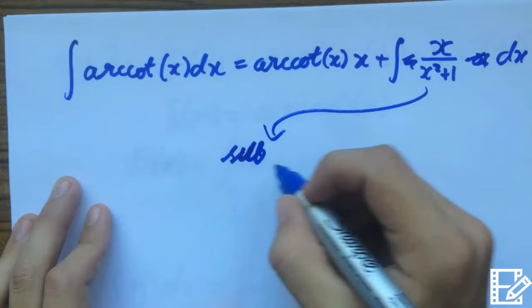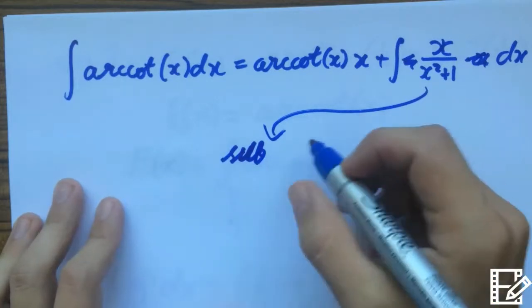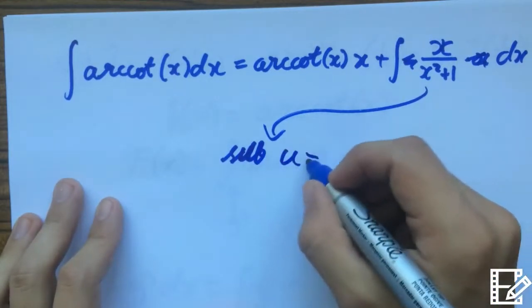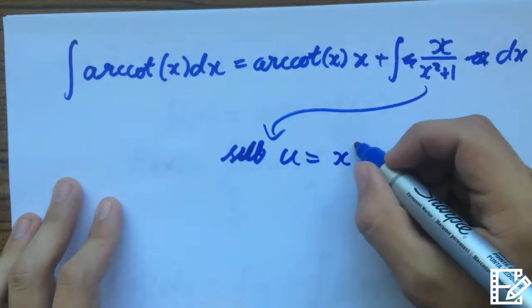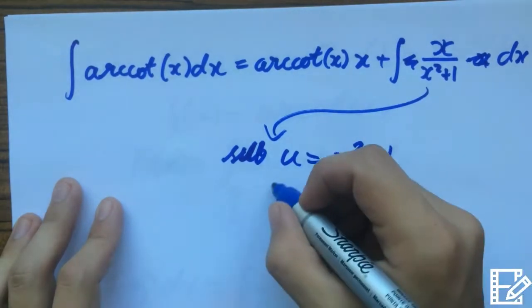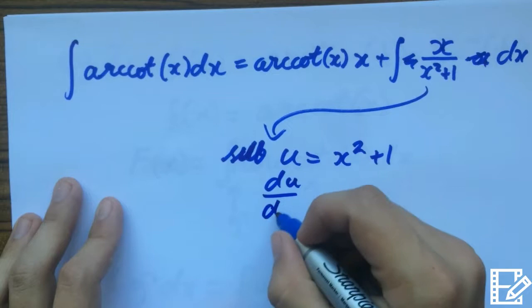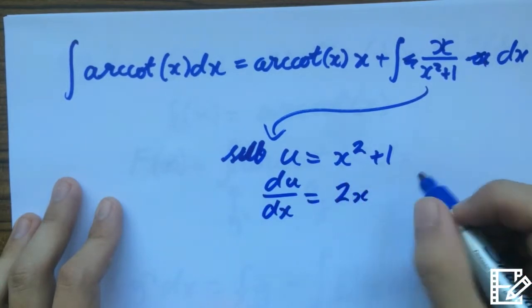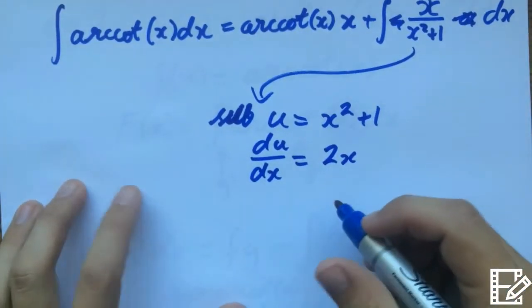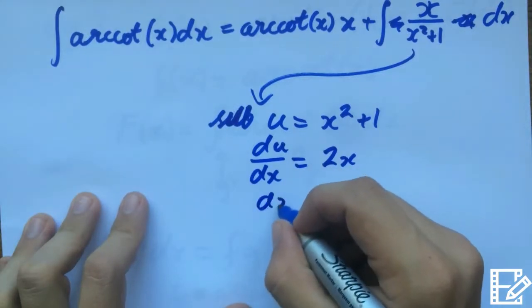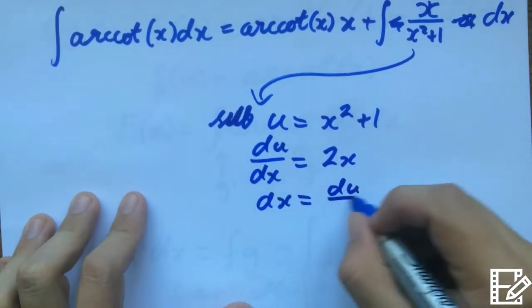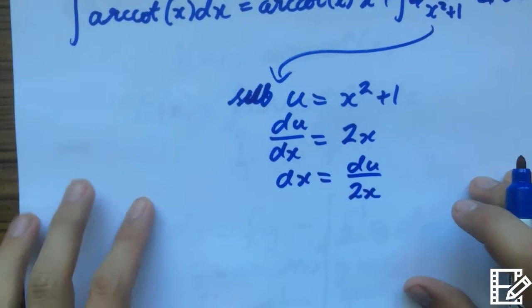That's supposed to say sub, like Subway. But anyway, sub u in for x squared plus 1. The derivative of u with respect to x is going to be 2x. And to get dx on its own, we're going to have du over 2x.